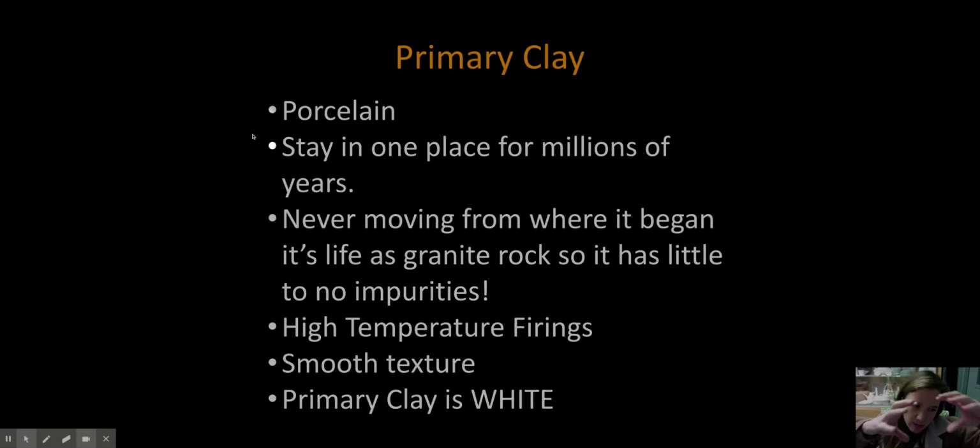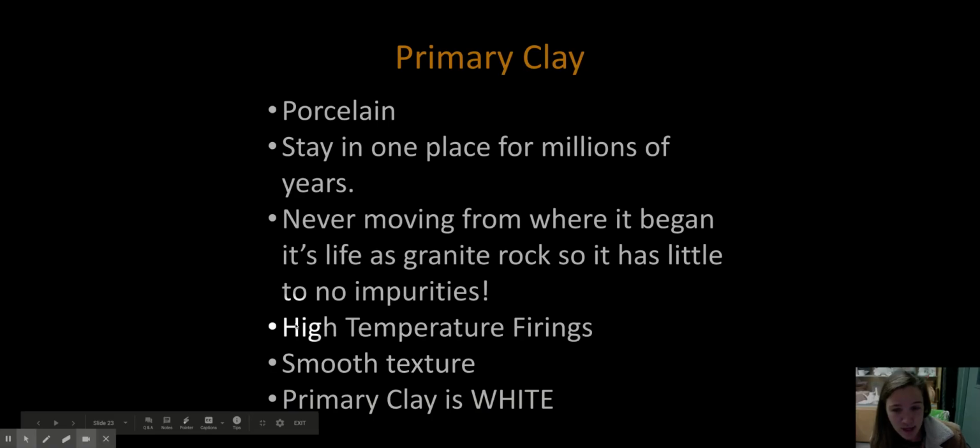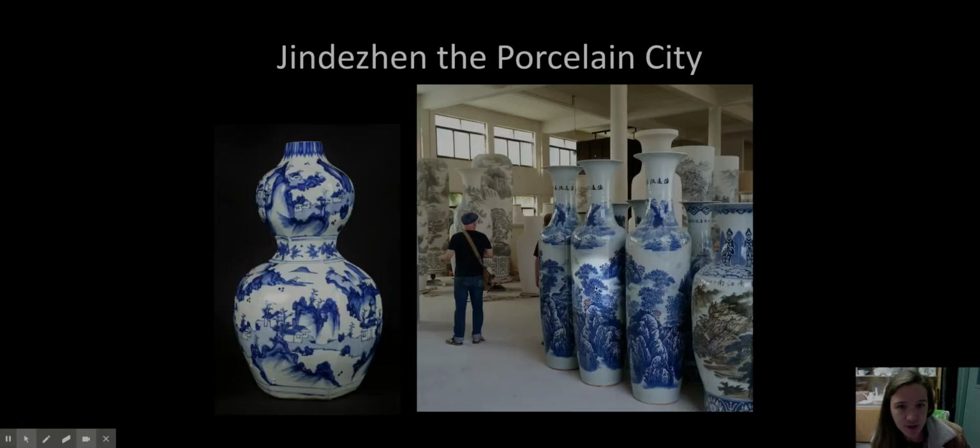That granite was formed in a location, cooled super slowly and made a million little crystals, lots and lots of quartz, like high quartz granite that is pure white, like the fancy kind you would see in a fancy bathroom. That's going to make porcelain, and it's very smooth in texture. It's white, smooth, and typically fired to high temperatures.